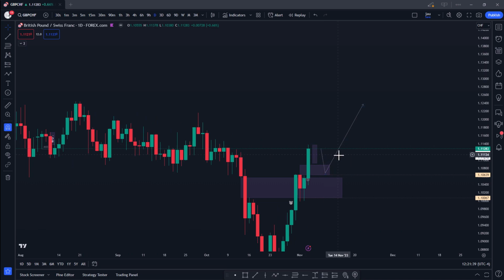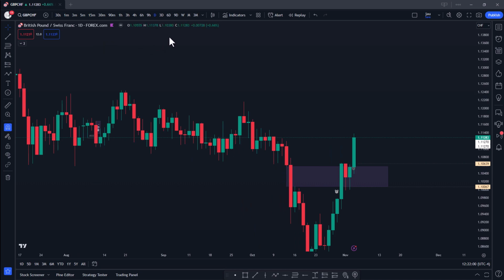But of course, I'll monitor it closely to see what it gives us. But this is what I would like to see, and what would be ideal, because it also allows the stop loss placement to be valid. So let's get rid of this, and that's all I'm looking for on GBPCHF.